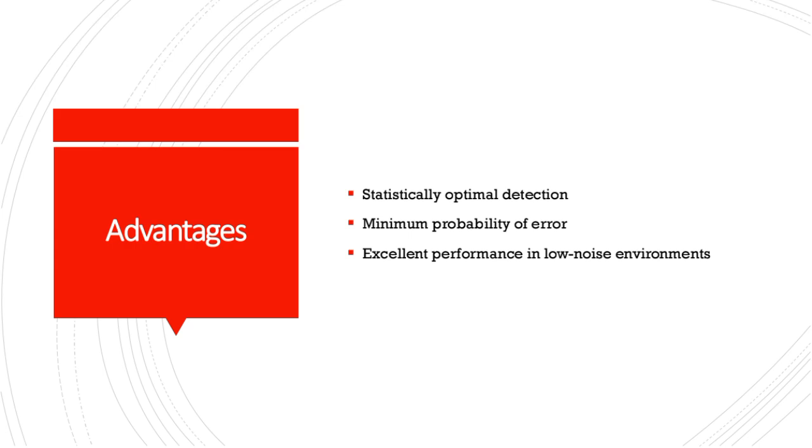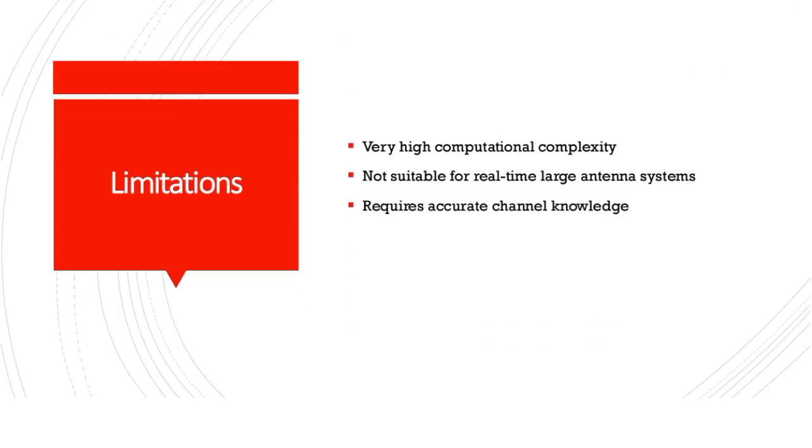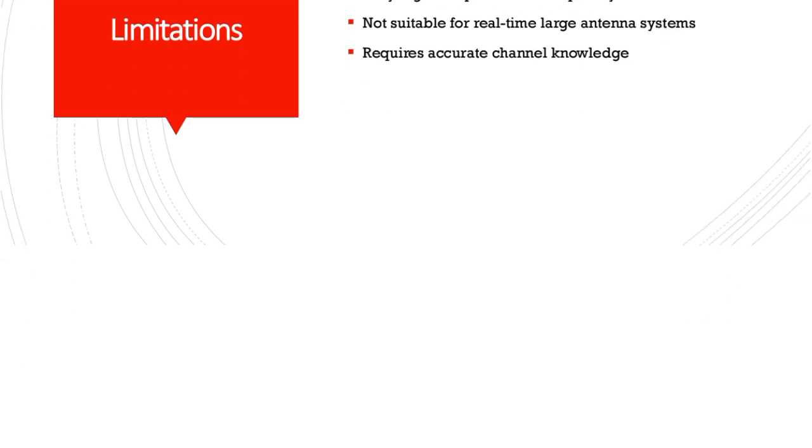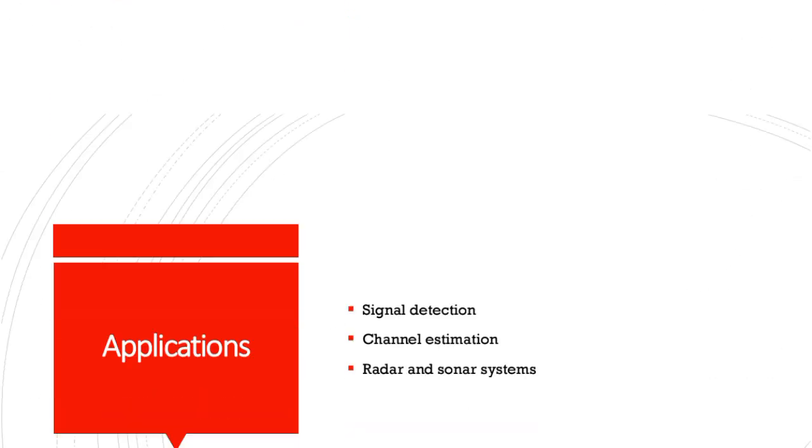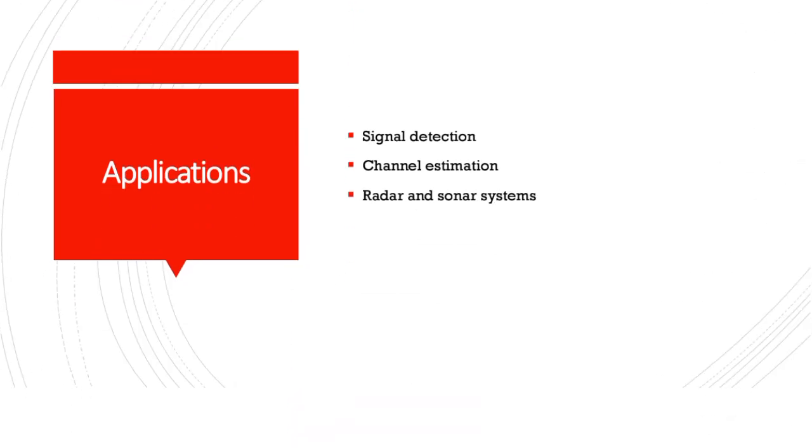The limitations are that it requires high computational complexity, it is not suitable for large systems, and it requires some prior knowledge, so it does not support large systems. The applications of the ML detector are mainly radar and sonar systems, and also signal and channel estimation.